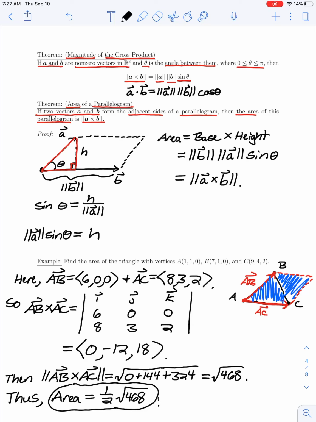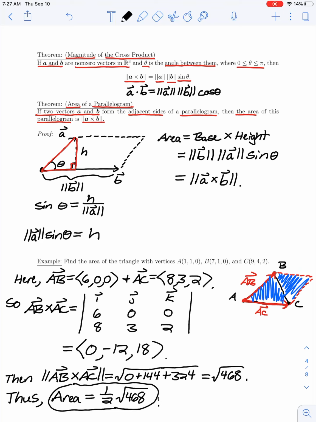So in this lecture, we've introduced the idea of the cross product of two vectors in space. Again, the cross product of two vectors is a vector. So something to keep in mind, the dot product of two vectors is a scalar. The cross product of two vectors is a vector. So these two different products are giving us two different types of objects altogether.